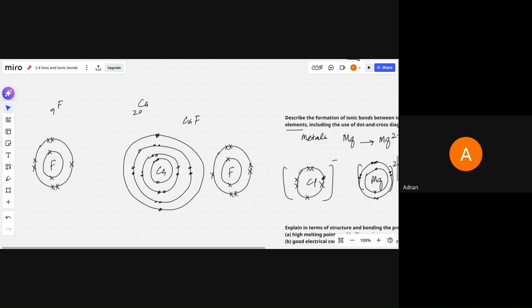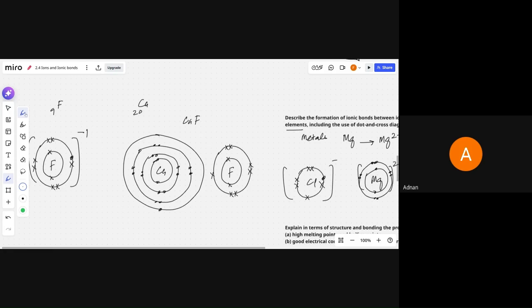Okay, so now these two electrons from calcium will be gained one each by these two fluorines, right? So this one is going to go to this one, and fluorine will have a one negative charge because it has gained one electron, so a -1.